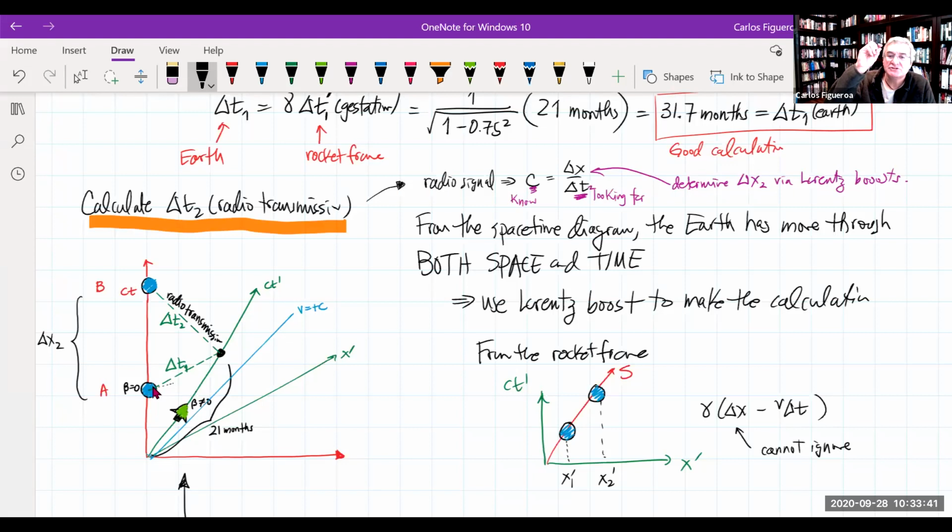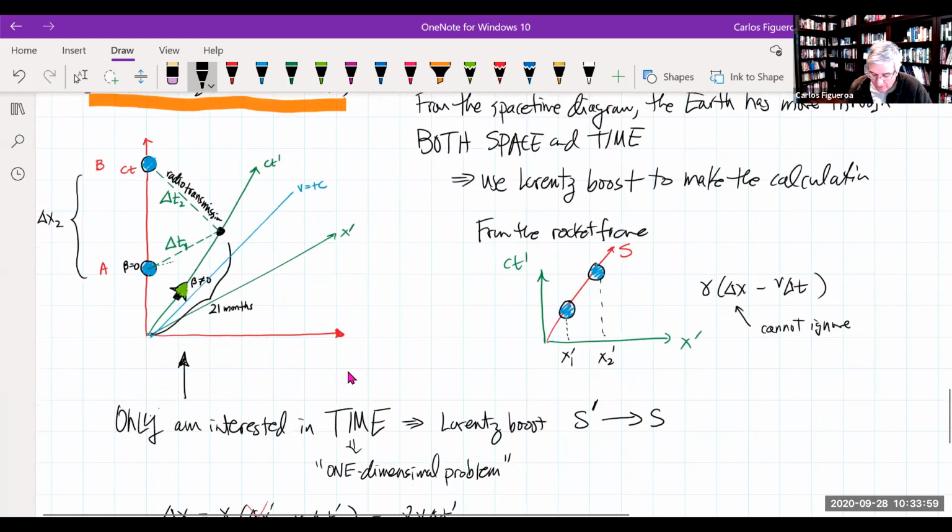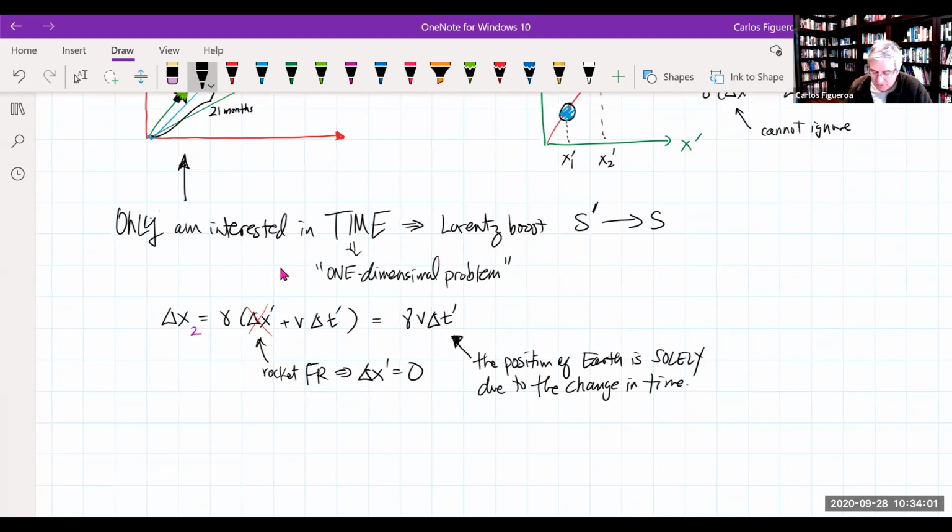There's the transmission of the gestation period. We know when that occurs, and then the Earth continues to move as the radio signal is coming. So I have to account for that change in distance. When I look at the Lorentz boost of the position, I can then calculate what that is relative to the prime.